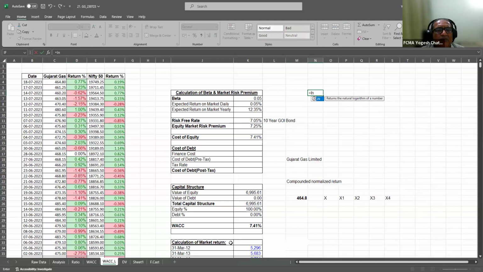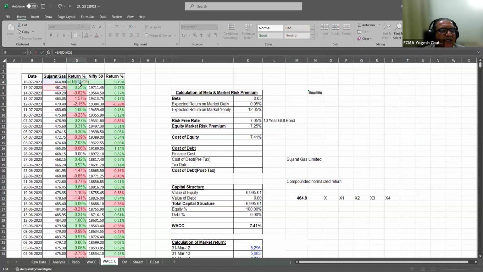During your professional journey, if you are from a finance background, you must have made use of various charts in your exams. So in Excel now it is very convenient. We can make use of the log normal function to arrive at the normalized return, the compounded normalized return.